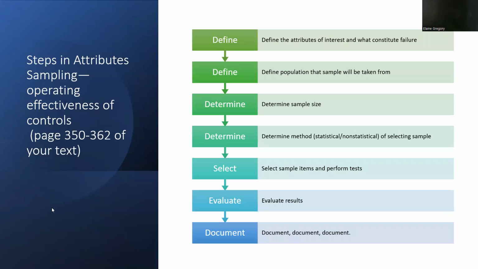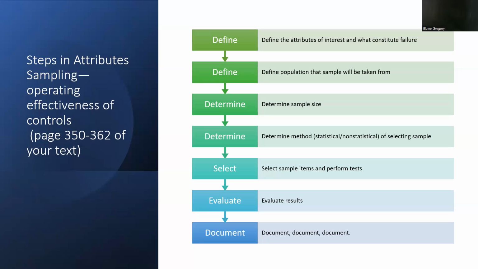Now, the steps in sampling. We have multiple steps. You want to make sure that you meet all of these steps. The details of those steps are on pages 350 to 362 of your text, so I'm only going to give you what the steps are. Be sure you go out and look at the details. What are the attributes of interest, and what will constitute failure in your sampling?